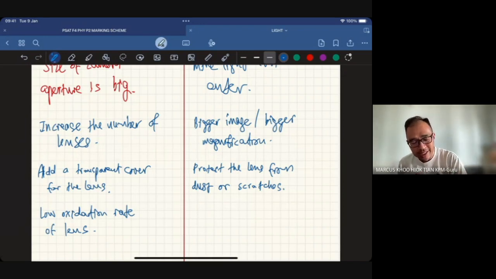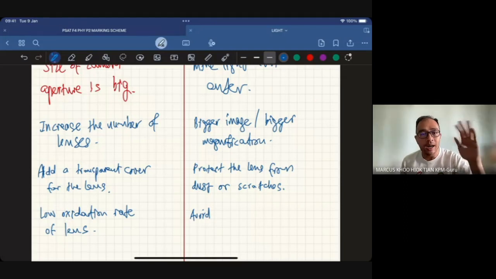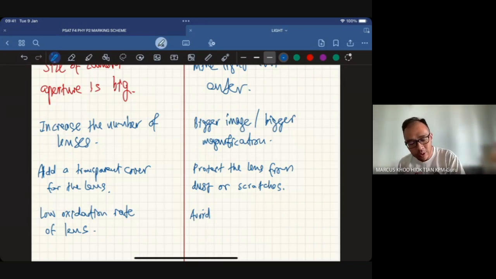Okay, low oxidation rate is to avoid... Usually when we talk about oxidation rate, we talk about rusting, right? But lens is not metal, so they usually don't rust. So it is to avoid blurred lenses.